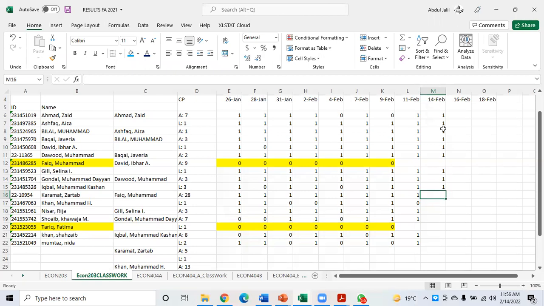Zartab, Karamat, Mohammad Aj Khan, Present. Rija Nisar, Present, sir. Shoaib Khwaja, Present, sir. Shahzeb Khan, Present, sir. Nida Mumtaz, okay, these are absent. Karamat and Zartab Karamat and Nida Mumtaz are absent.